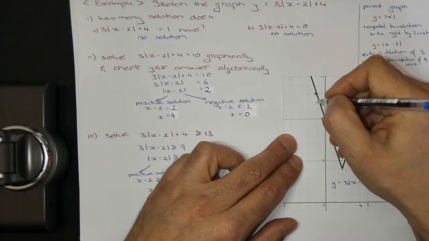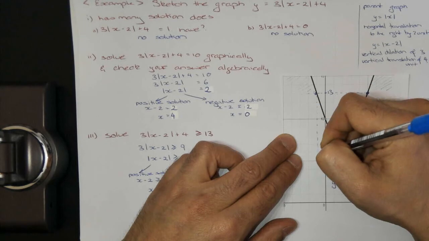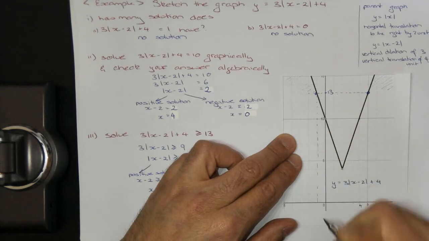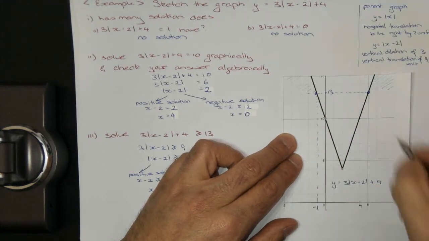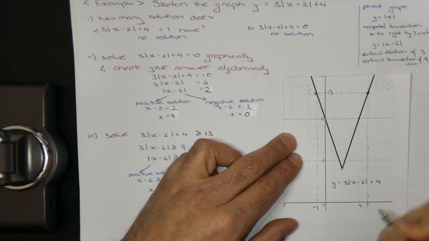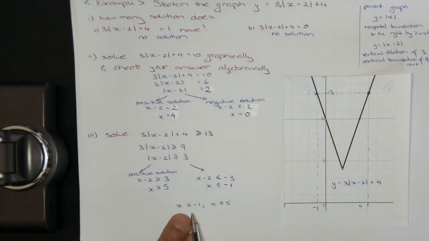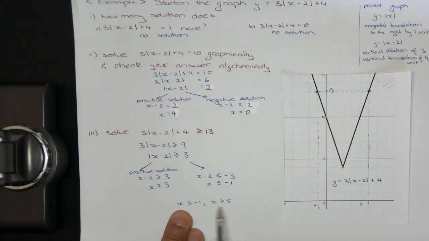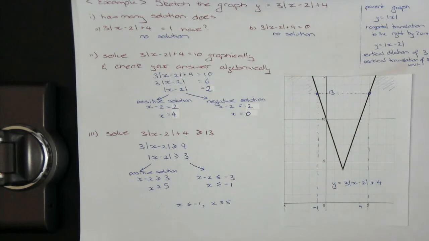So that relates to -1 and 5. So the function is greater than 13 when x is less than -1, or when x is greater than 5.